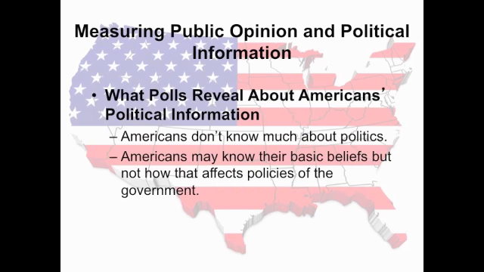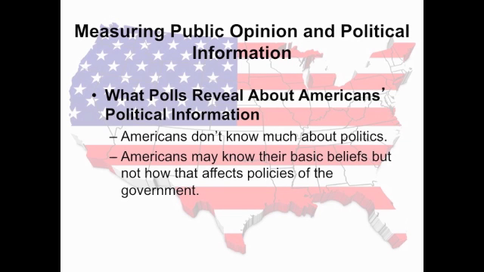What polls reveal about Americans' political information? Polls reveal that the average American has a lower level of political knowledge than citizens of other countries at similar levels of development.